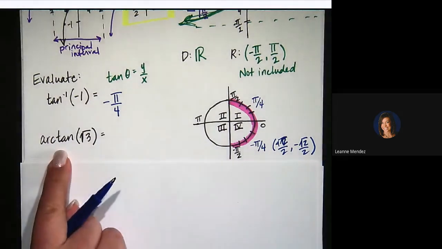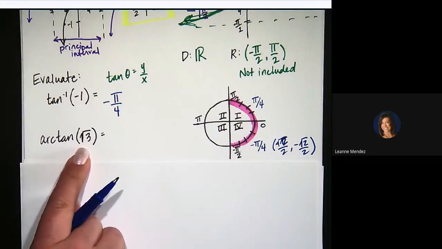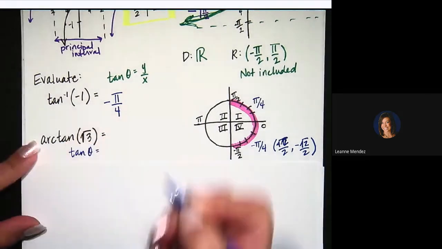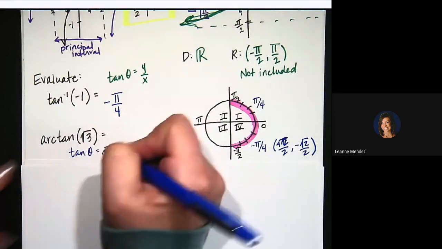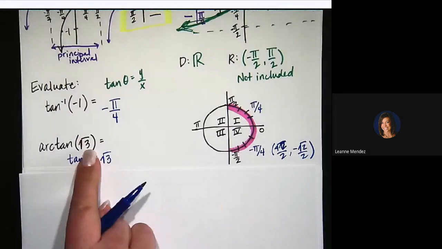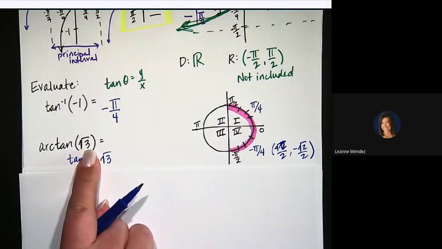For arctangent of root 3, think back to our tangent values. When does that happen? What angle gives me a tangent value of root 3? Well, hopefully, if you remember your little tricks, anytime I have a root 3, that means I'm using a denominator.